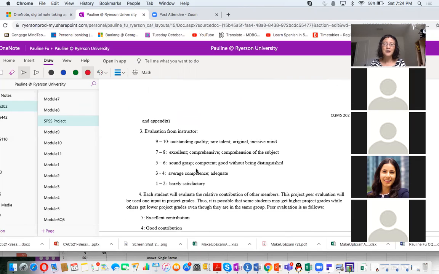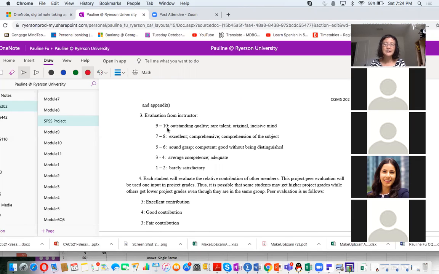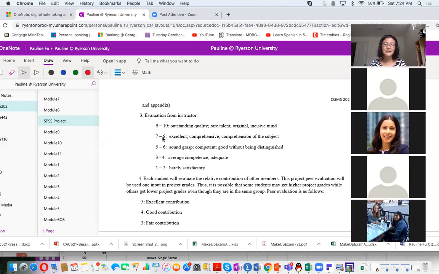And how do I evaluate your project? Based on this criteria. In the past, I haven't had any project get 9 or 10. The highest mark I gave to my students is 8. But 8 is excellent, comprehensive on the subject.